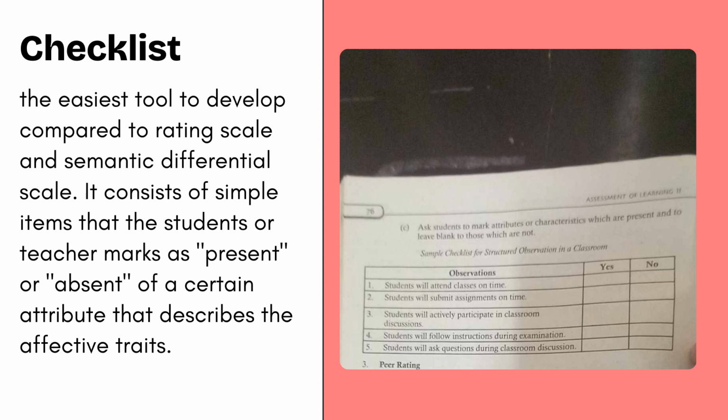By using this checklist, teachers can quickly assess and monitor specific behaviors or attributes among students, providing valuable feedback and insights into areas where improvement or encouragement may be needed. Checklists are straightforward tools that can be easily developed and implemented to support effective classroom observation and assessment of learning outcomes.